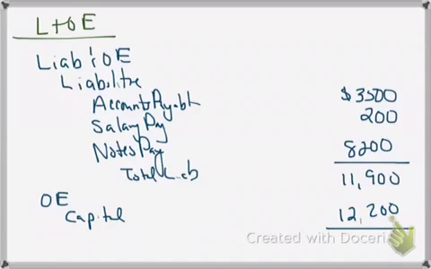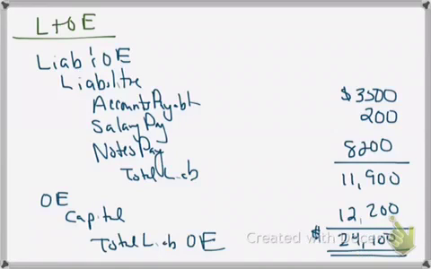I then will add my liabilities and my capital, and I will get the total liabilities and owner's equity. And when I add these two numbers together, I get 24,100. Again, dollar sign, double underline.